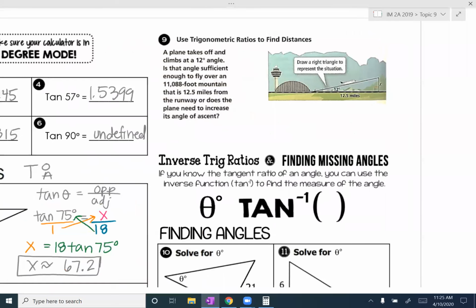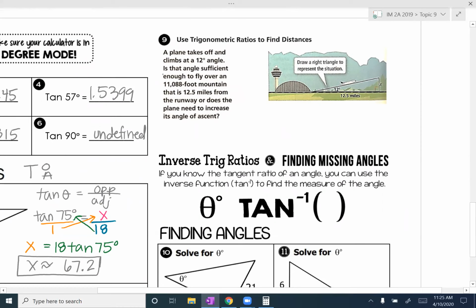Okay, so number 9 is actually going to be very similar to numbers 7 and 8, except that it's a word problem. So we have to kind of use the diagram to figure out what we're doing. A plane takes off and climbs at a 12-degree angle.